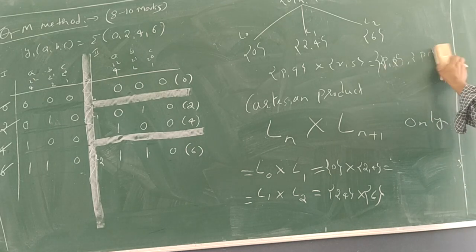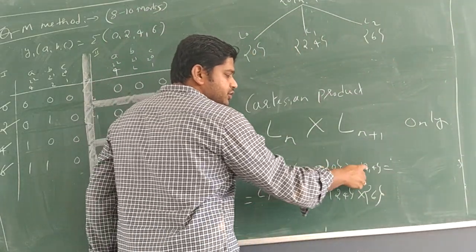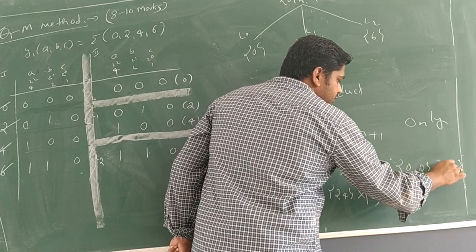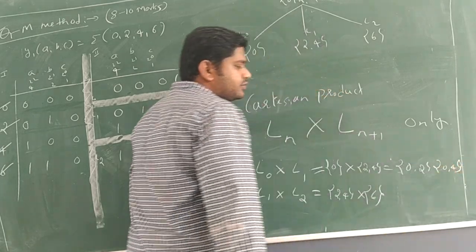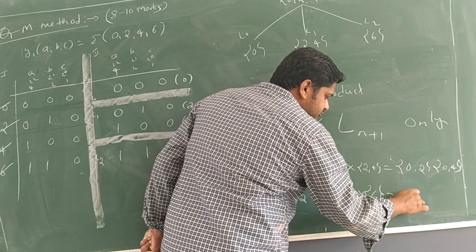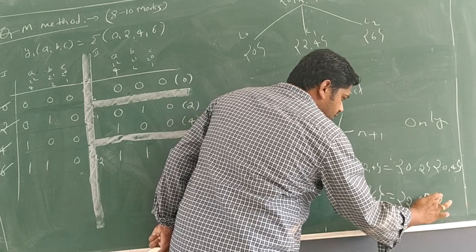Now here 0 with 2, and 0 with 4. Next 2, 6 and 4, 6.